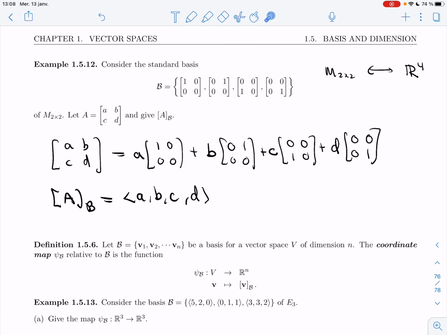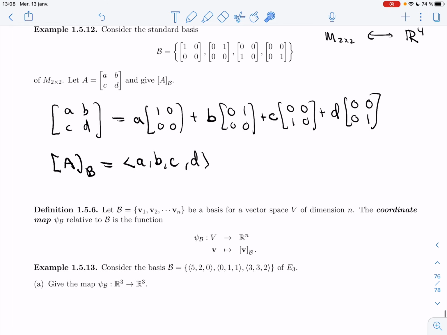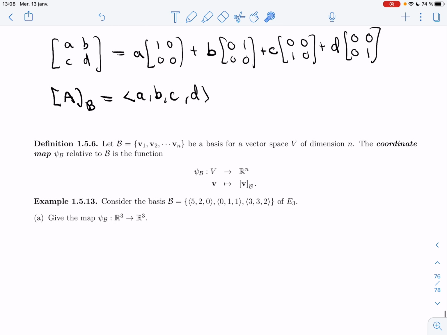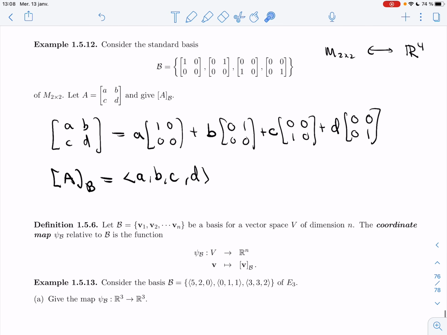But what we're doing is even stronger than this because we can build this coordinate vector for any vector space and any basis. And so what we'll get then is if I get a basis B with n elements for a vector space V of dimension n, the coordinate map phi B relative to B is the function that takes any element of V and sends it to its coordinate vector.